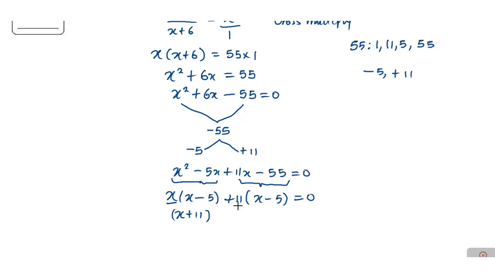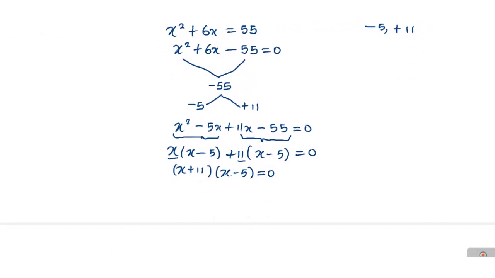So we pick this x plus 11, then the other one is the common factor, we bring them together, x minus 5, is equal to 0. So we now have x plus 11 is equal to 0, and x minus 5 is equal to 0.